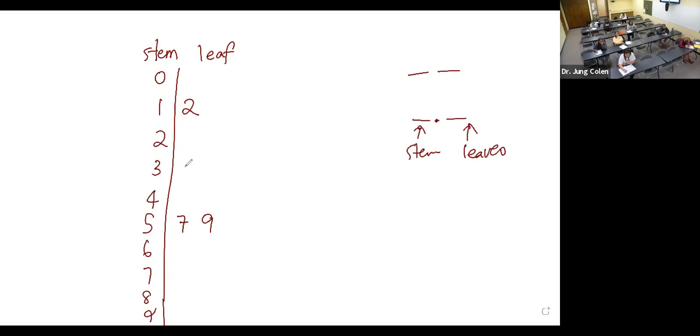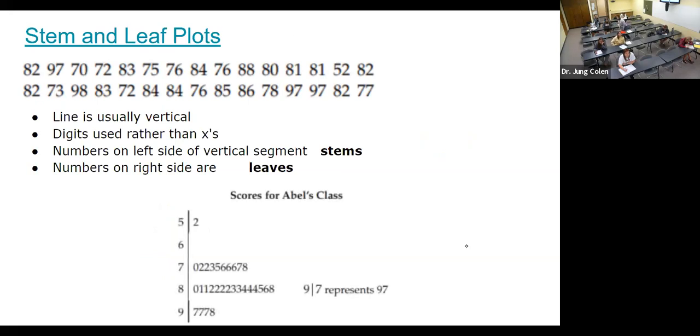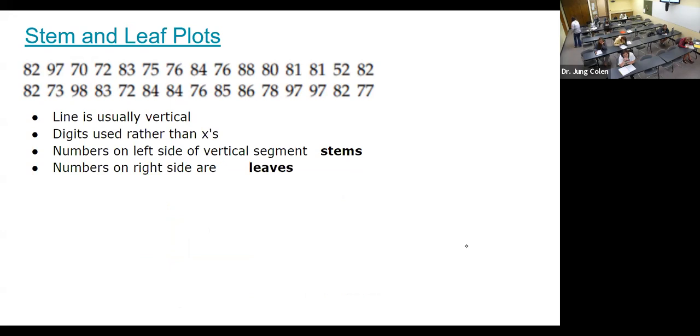Does it make sense? Okay, so let's use stem and leaf plot using our data here. Okay, so I have explained how you can do that, right? This is something like this. Okay, I will give you guys about a minute to finish this. You can break 82 into 80 and 2, right?